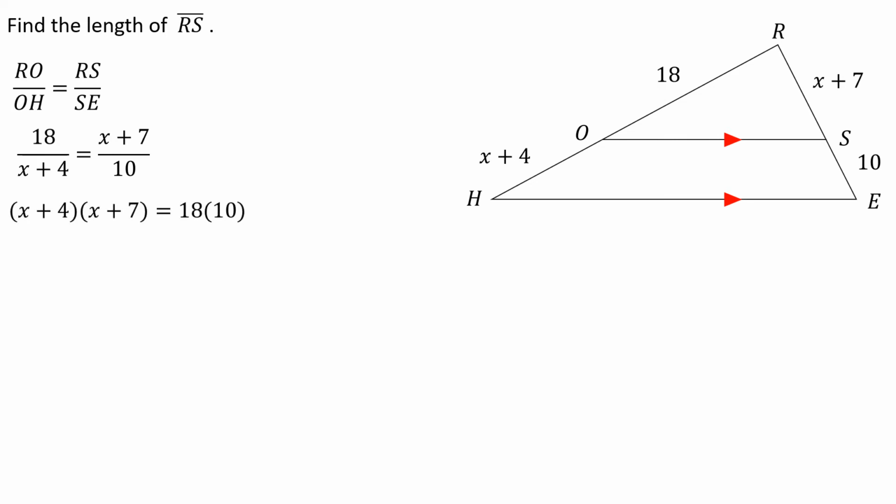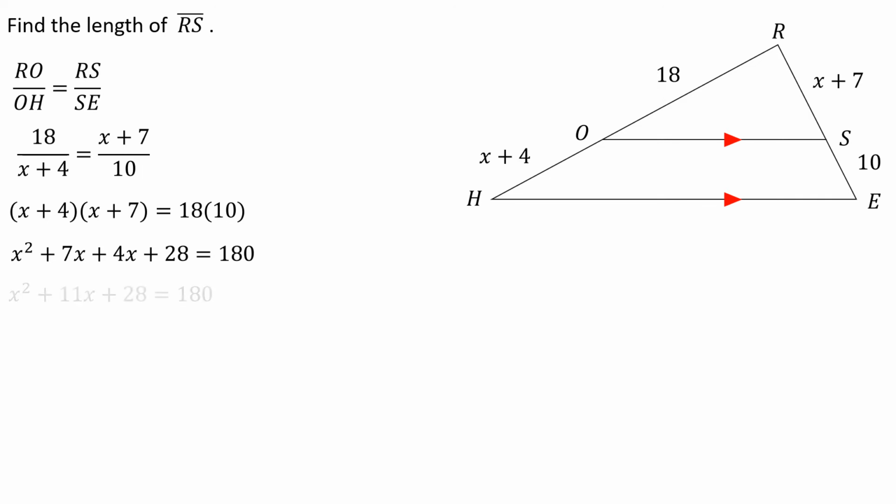Cross multiply. It looks like I need to do FOIL on the left-hand side. X times x is x squared. X times 7 is 7x. 4 times x is 4x. 4 times 7 is 28. Of course, on the right-hand side, 18 times 10 is 180.